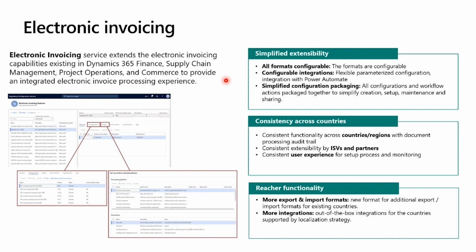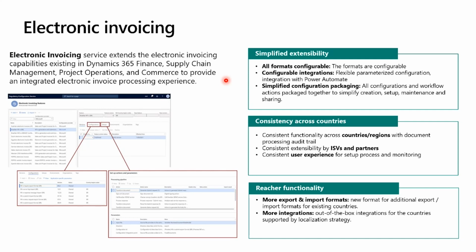It just requires creating new configurations or modifying existing configurations. Right, so this extensibility is quite simple here, and this service also provides consistency across electronic invoicing implementations in various countries. So the same functionality, same approach is used for various countries or regions, right?